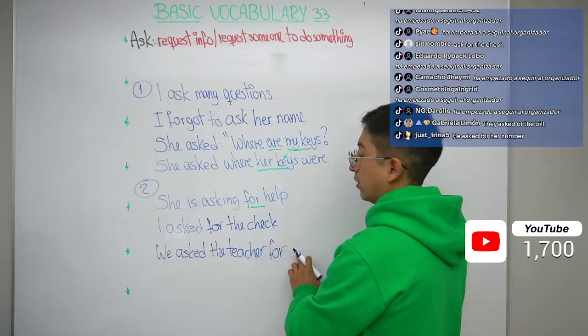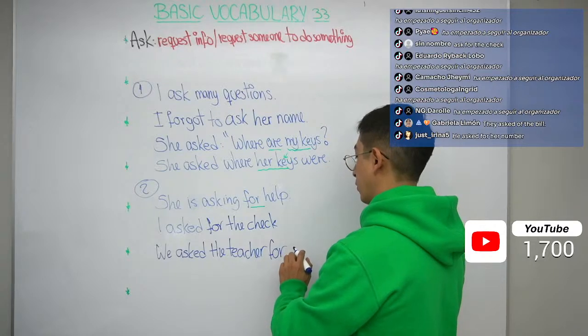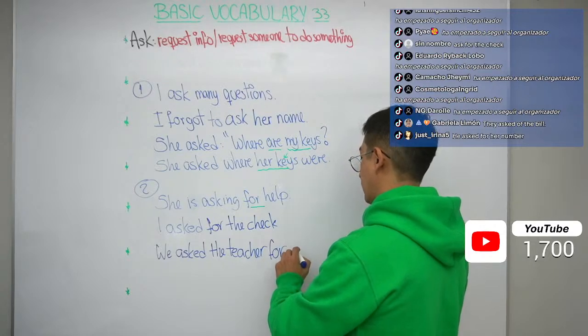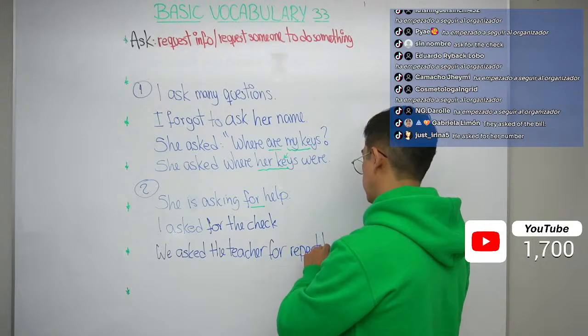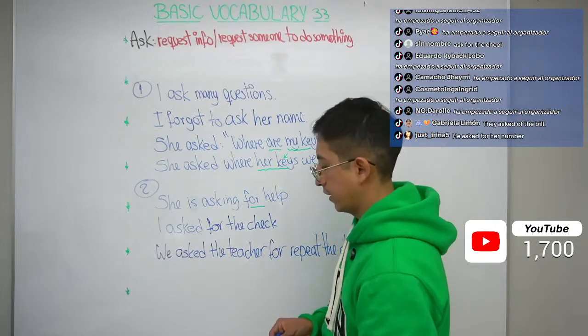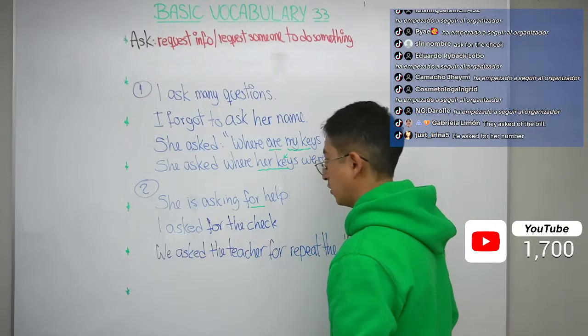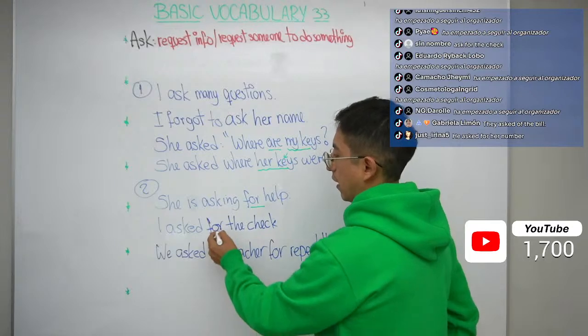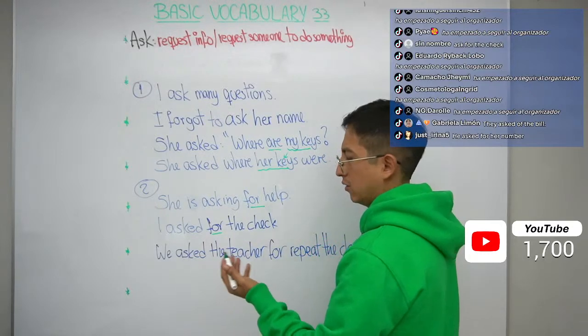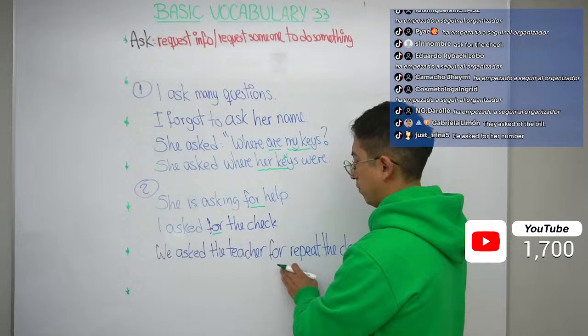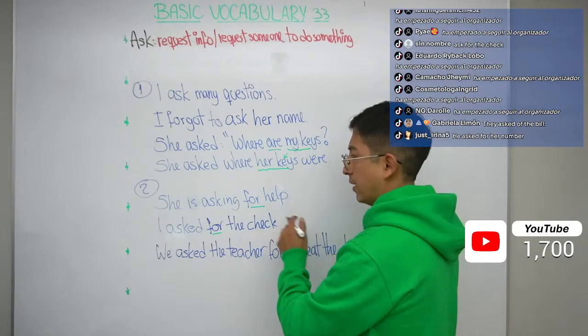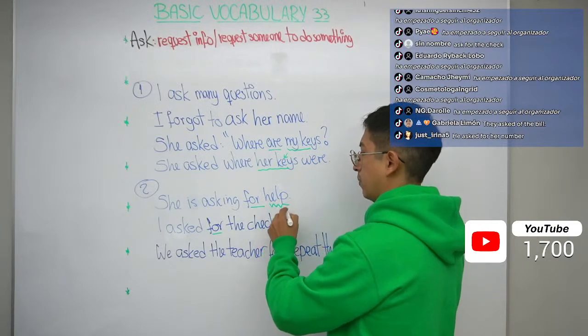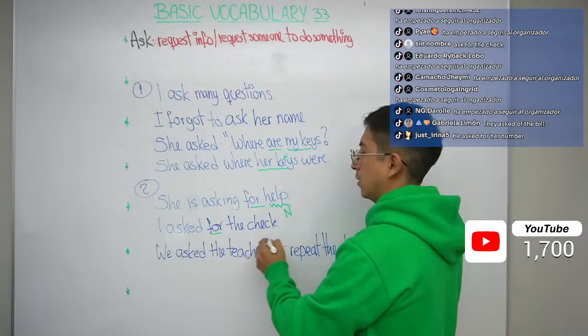Now, if we want to use, for example, "for" here, is it okay to say we ask the teacher for repeat the class? Now, pay attention. In this case, help is a noun.